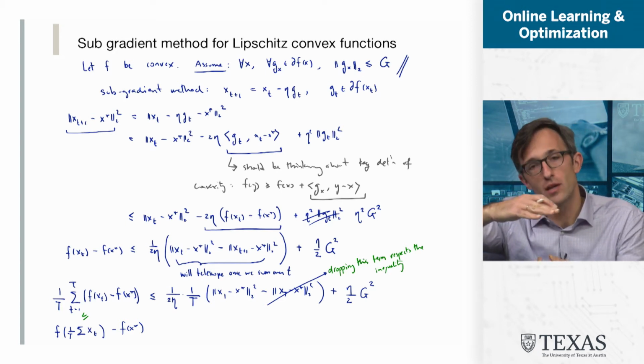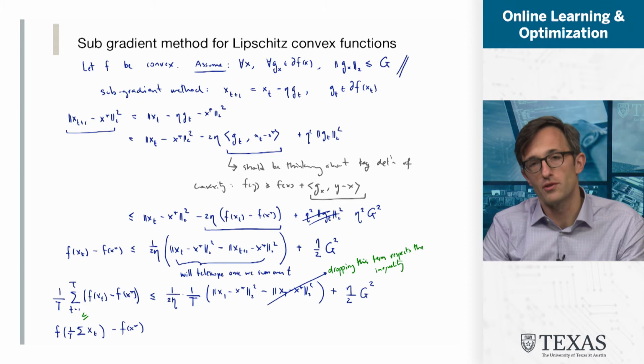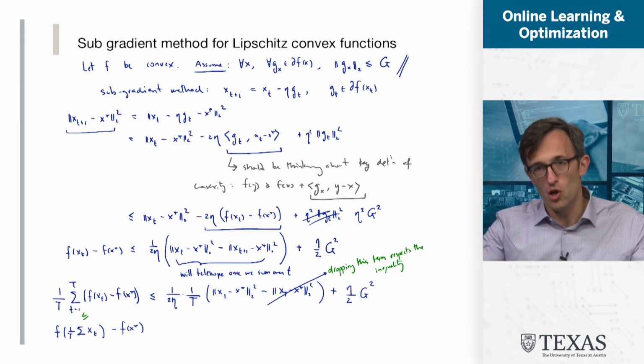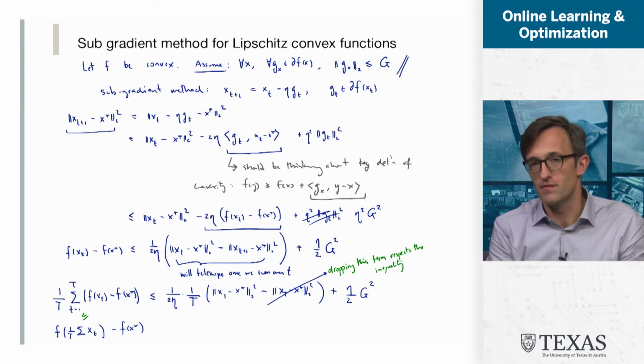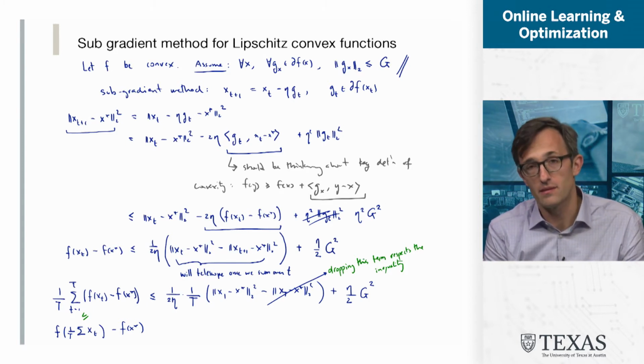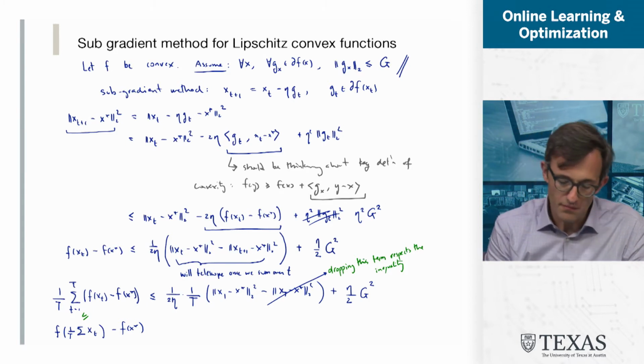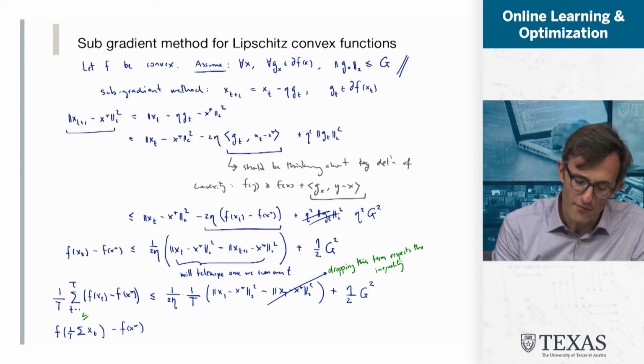Not just the average, any convex combination, but in particular for the average. In other words, take 2 points, the chord that joins them always sits above the convex function. That's exactly what this inequality is saying. So f of the average minus f of x star.